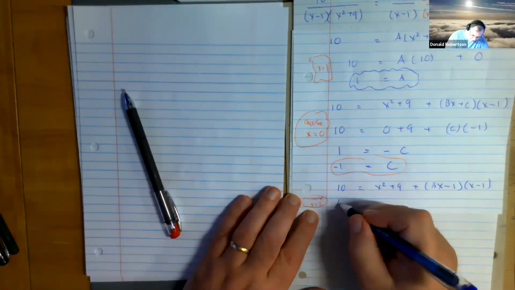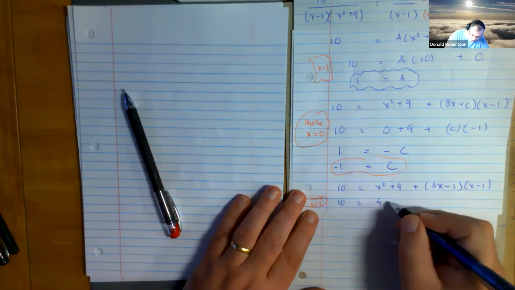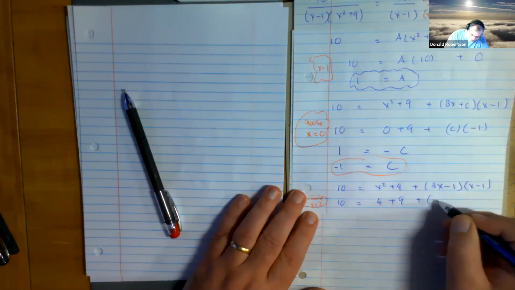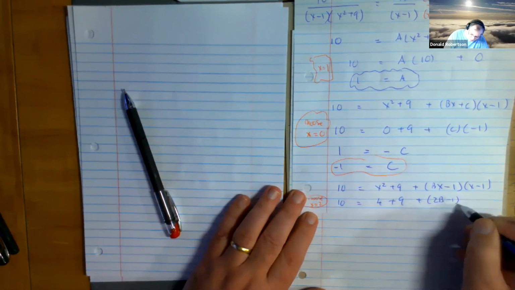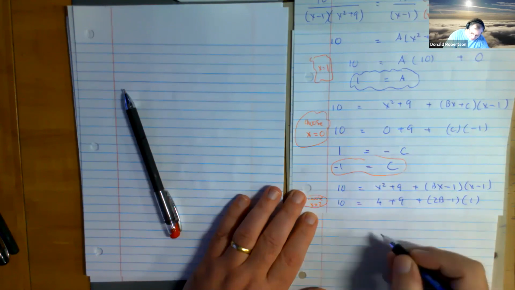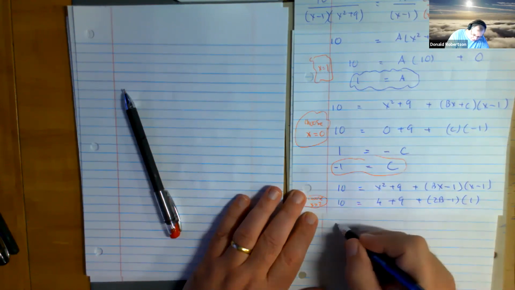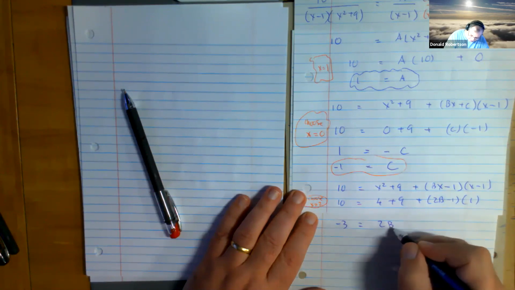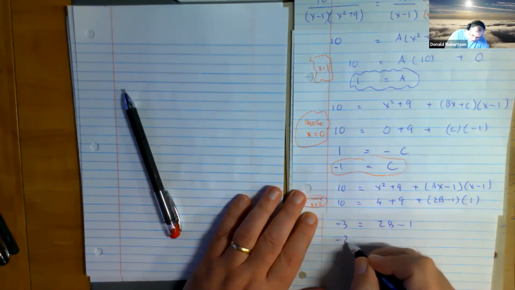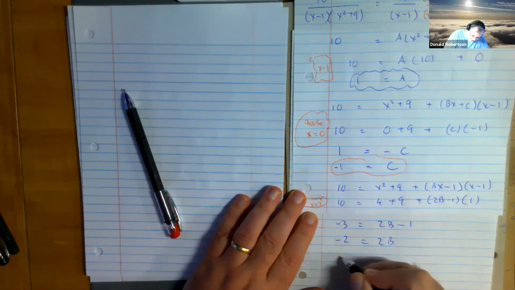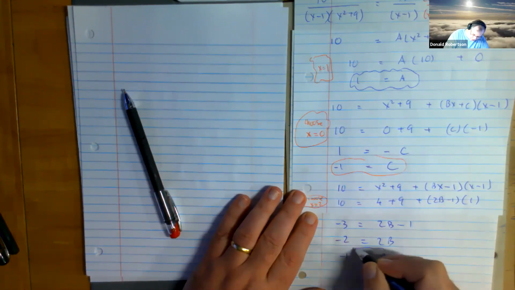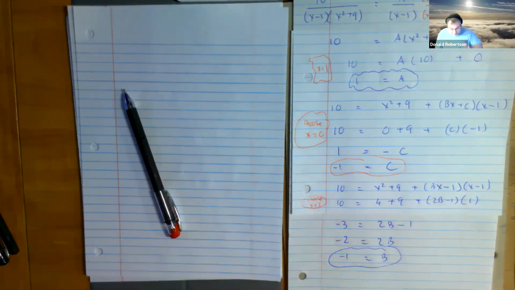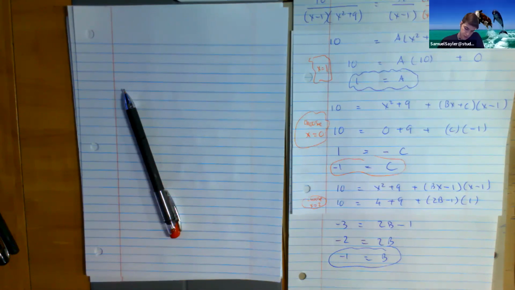So 10, 4 plus 9, plus 2b take away 1 times 1. That's 13, so you get negative 3 is 2b take away 1. That's what, negative 2 gets you 2b. I get b is negative 1. How's that look? I got b equals negative 2.